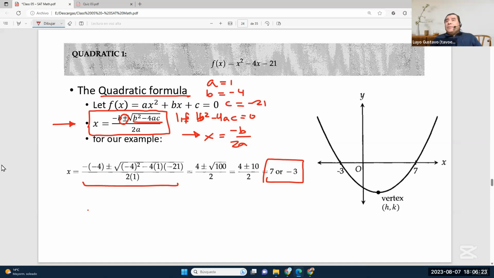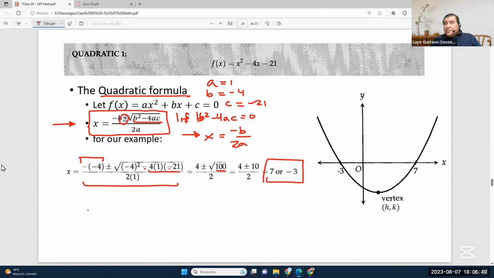Okay? For example, here, negative 4 multiplied by a minus sign, that is positive 4, this part. B squared is negative 4 squared minus 4 times A is 1, and C is negative 21, so this is 4 times A times C. Okay, this negative times this negative is positive, so you have 84 plus 16.